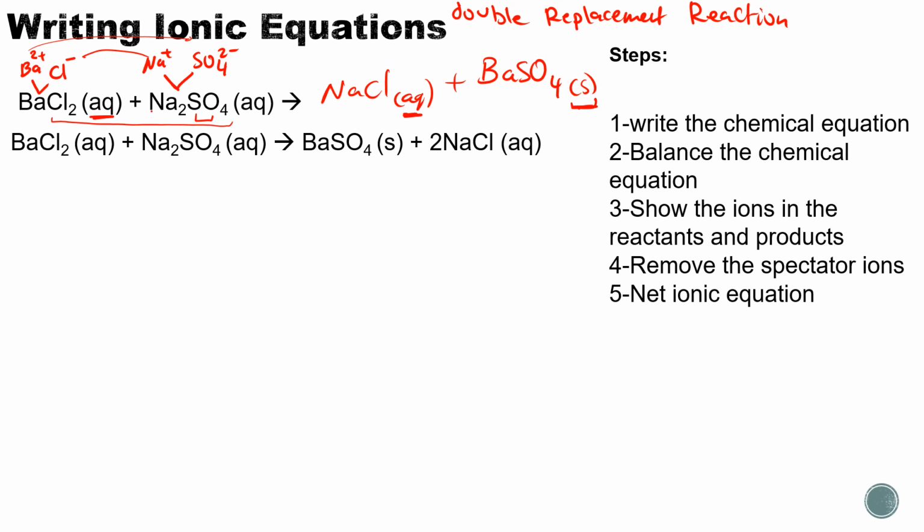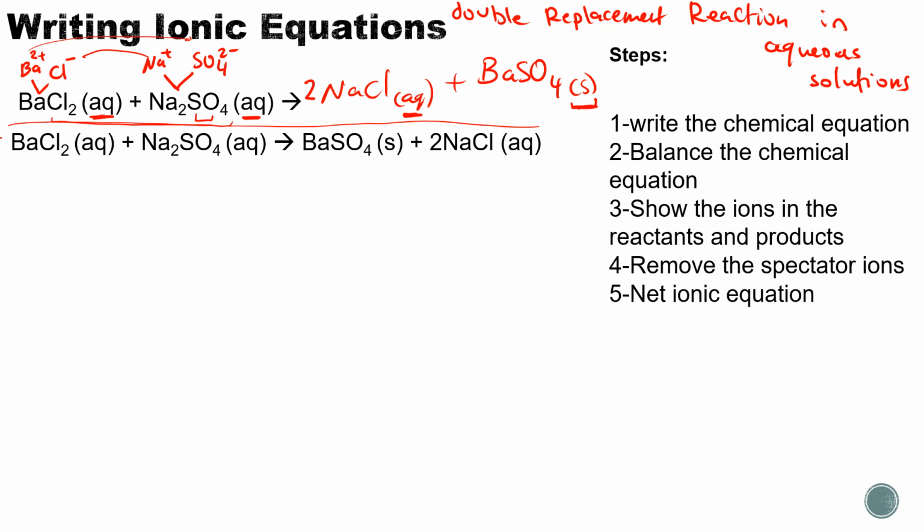دائما المتفاعلات AQ because these are double replacement reactions in aqueous solutions. تمام? Of course, when you balance the equation, you are going to put 2 here, balancing, okay? Now, what do we do, guys? We look at the equation.